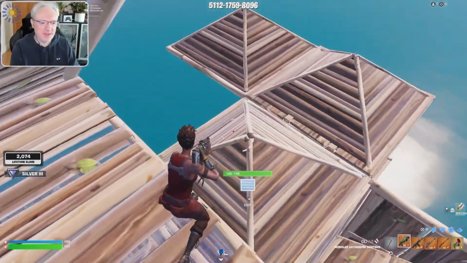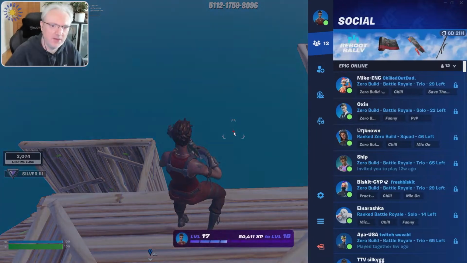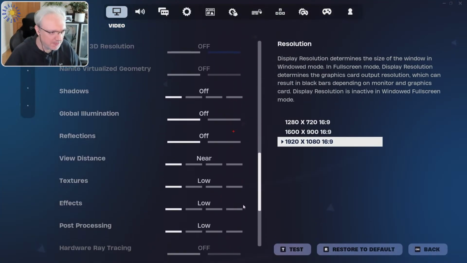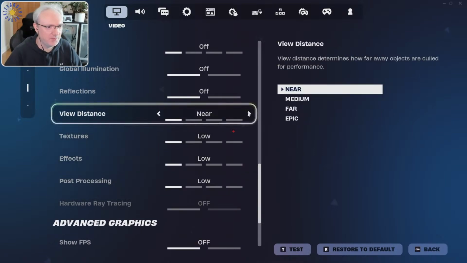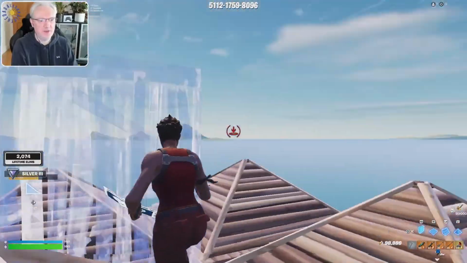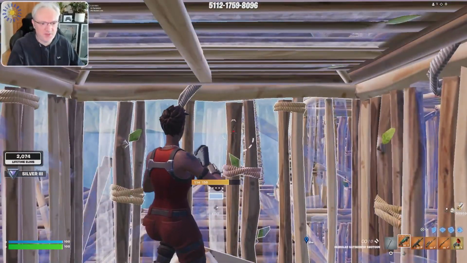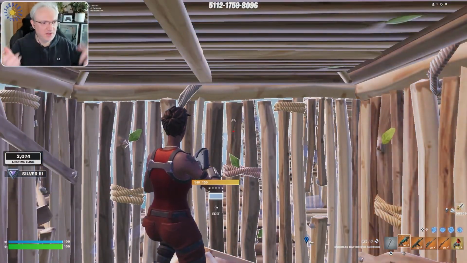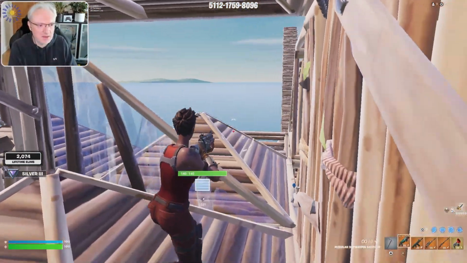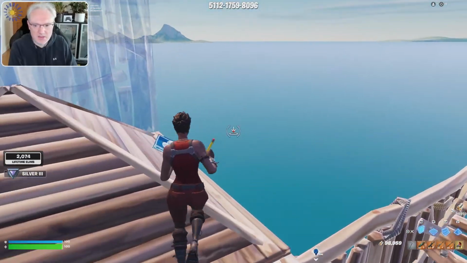Yeah, but I think the difference is when you go to view distance medium in DX12, that's when you get the see-through builds with bits flying in from the sides. Or have they made that better? They made that better?